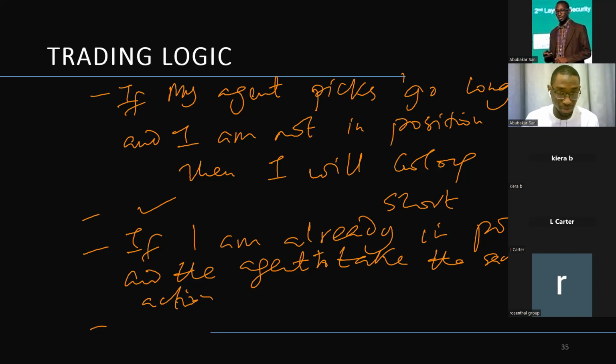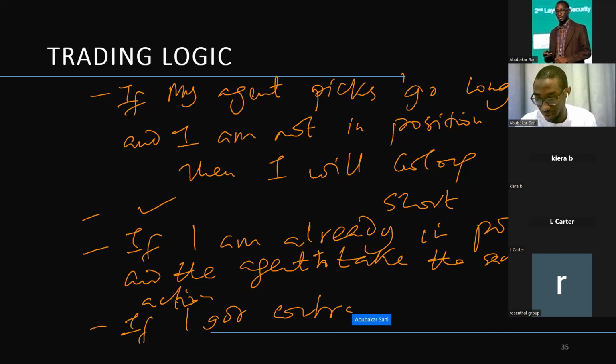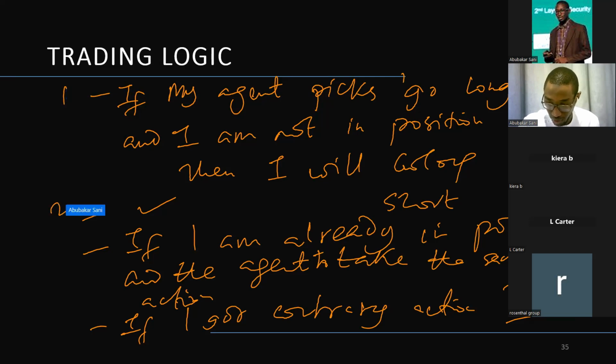Before they were looking good, so I was buying. Now the agent has spotted that things are not looking good. So let's sell and go out, right? So if I've got a contrary action, I sell, I exit the trade. Okay, so these are 1, 2, 3, 4 scenarios.